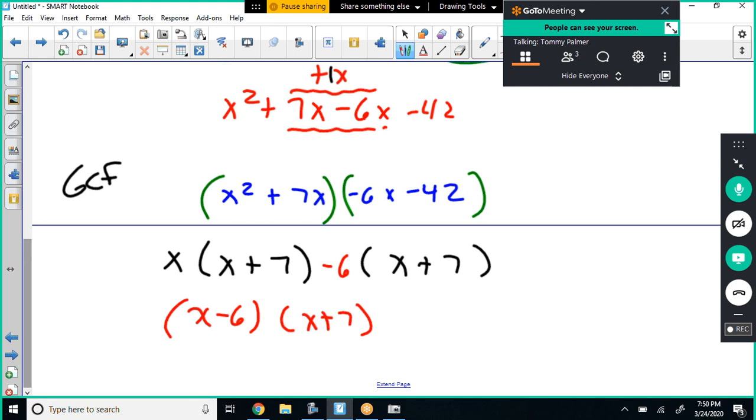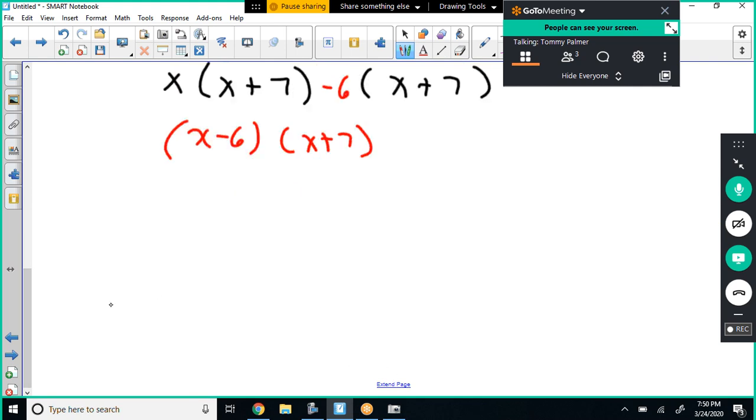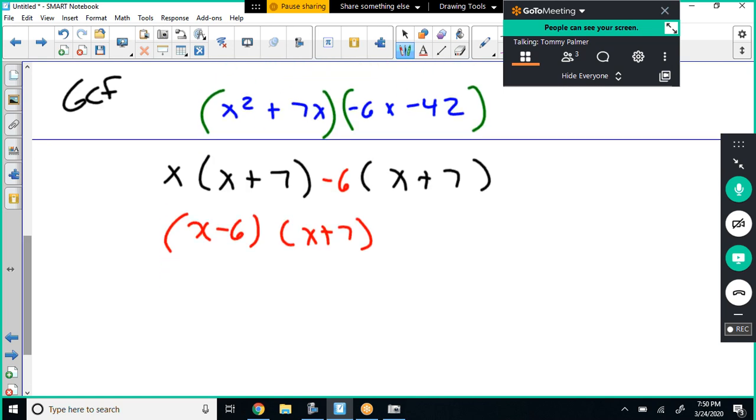Now you go, that's just so confusing. Well, it's really not. You've seen this. It's called FOIL. When you group them and you're factoring out by GCF, what you are creating is the FOIL of that binomial. And FOIL means first, outside, inside, last, right?